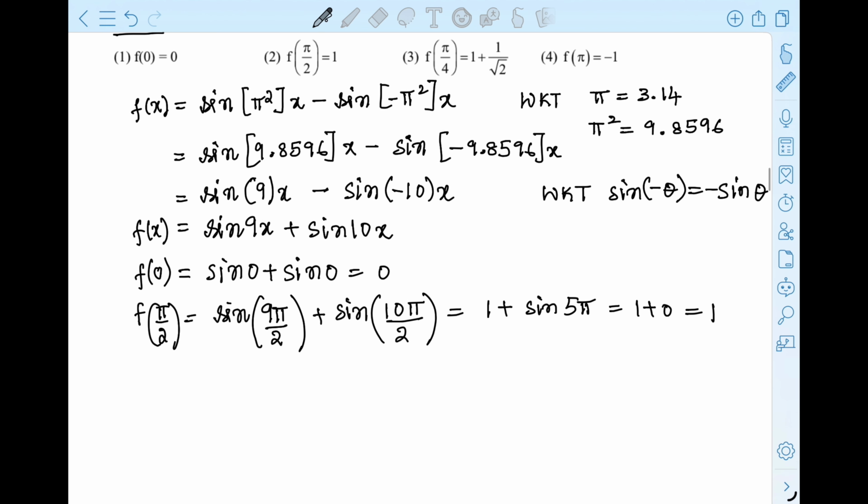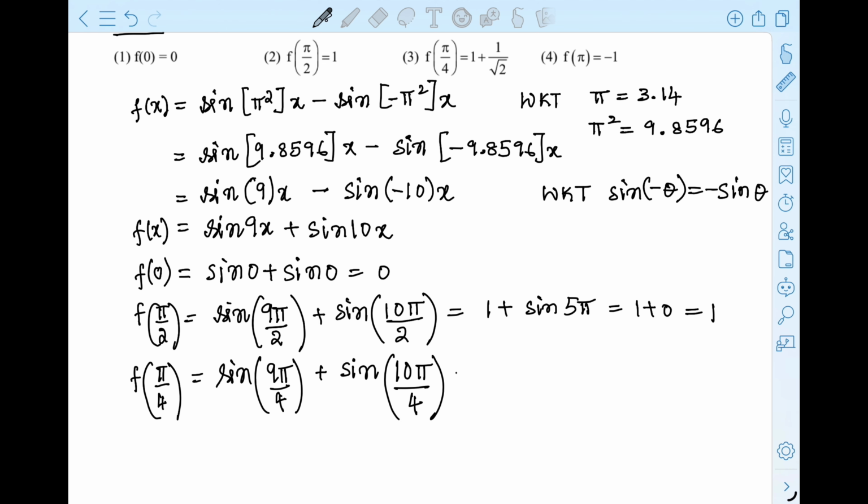In the same way, let us consider f of pi by 4. So this is sine of 9 pi by 4 plus sine of 10 pi by 4. So again this gives us 1 by root 2 plus 1. Now the last option left is f of pi.